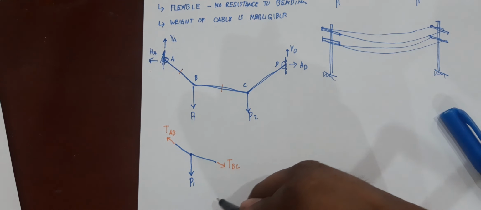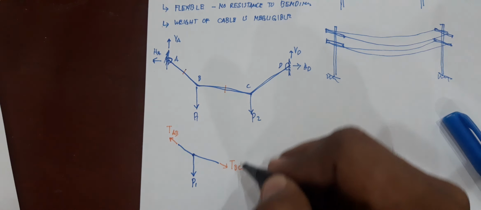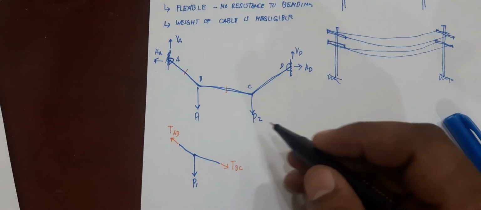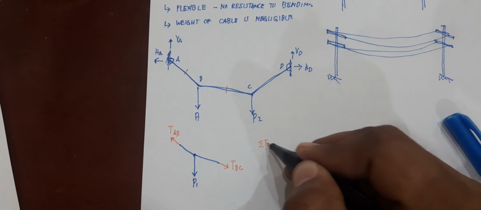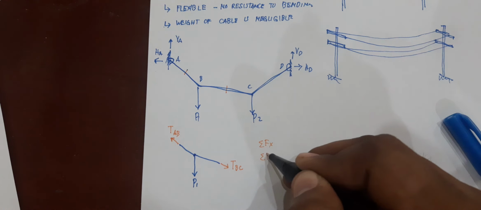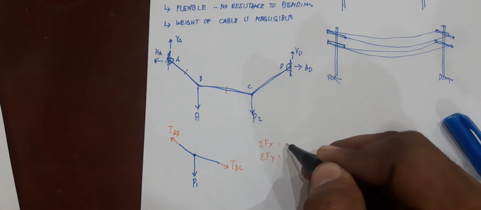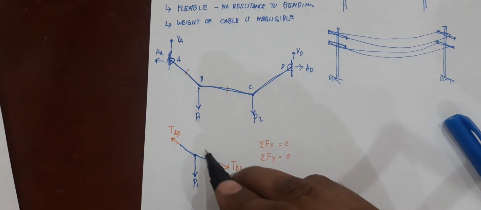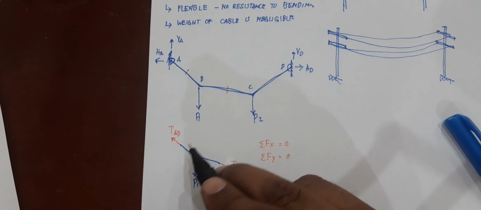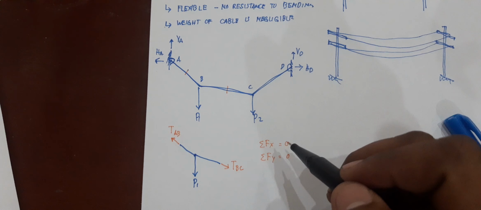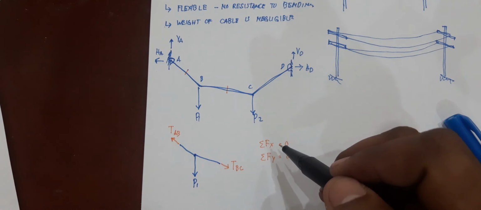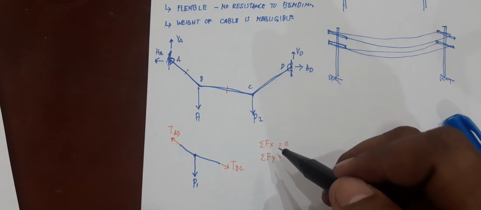Since this is in a state of equilibrium, you can calculate by making use of summation of forces along the x-axis and summation of forces along the y-axis equal to 0. Moments for this particular segment of your cable cannot be developed, since it is assumed that your cable has no resistance to bending.